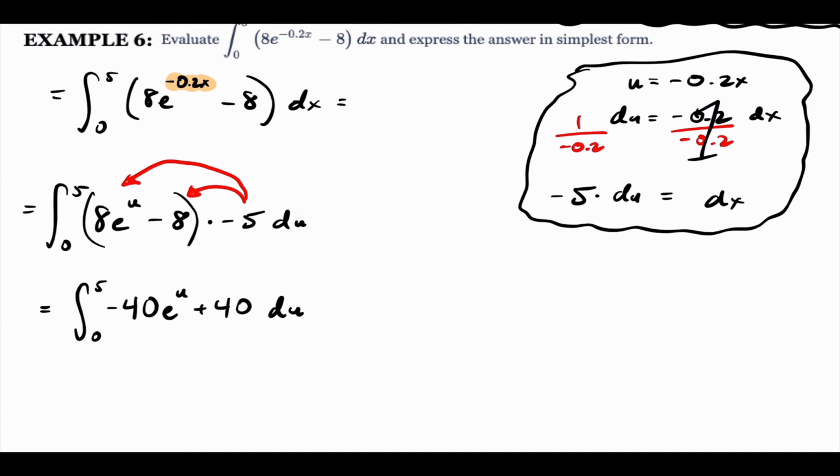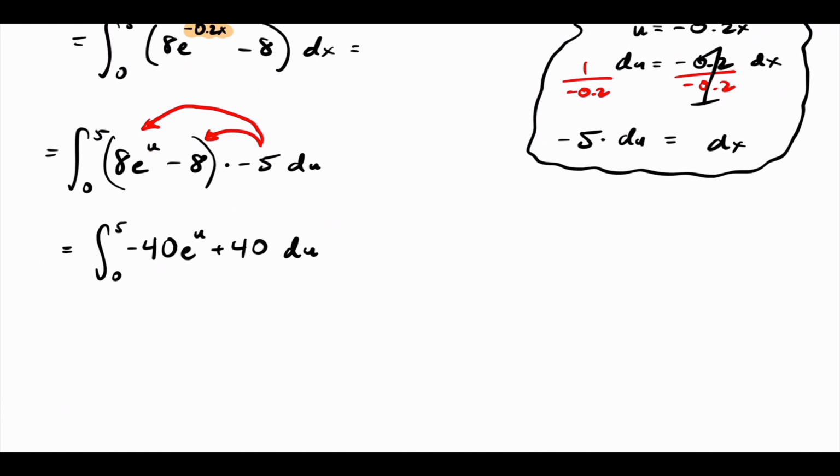Okay. So to do the antiderivative here, I'm going to split it up into 2. You don't have to do this, but I think it would be easier to see it this way.